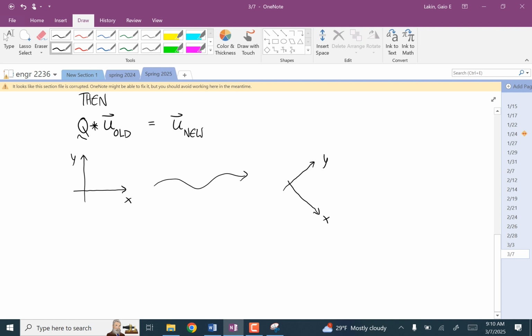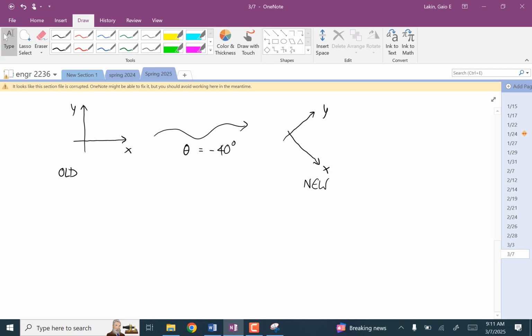Then you have to think about the counterclockwise angle to go from the one on the left to the one on the right. This is the old, this is the new. The easiest rotation is just 40 degrees clockwise, which makes it a negative angle. So this theta is negative 40.